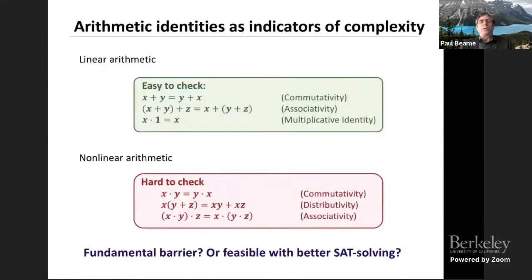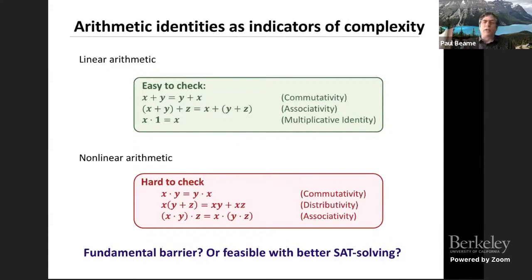So I'm going to be discussing arithmetic identities like this as indicators of complexity. And this is actually what Armin suggested as well. If you didn't have a specification, you'd actually have to use these identities even to define what you meant by correctness of a multiplier. You can use these identities to do that.